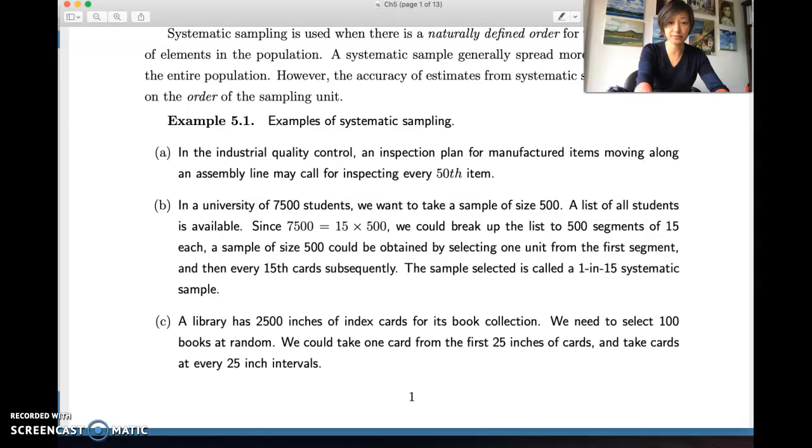Let's say the 10th student is chosen as the first element, and then every 15th, so the next would be the 25th, and then the 40th, etc. And then we choose 500 of those students in a systematic way.